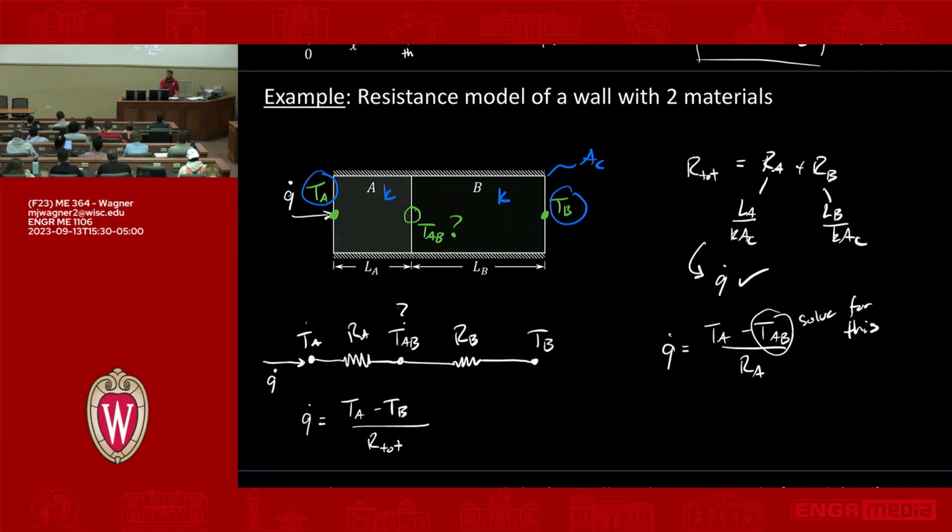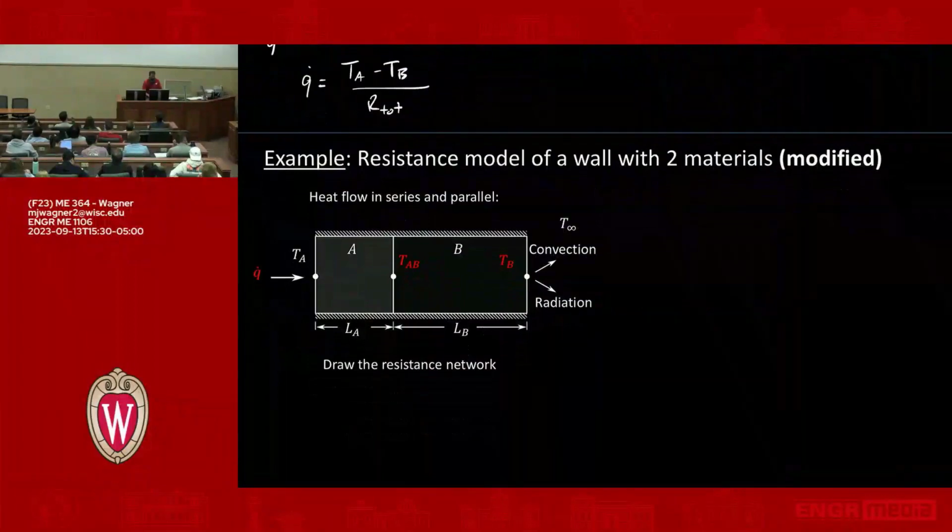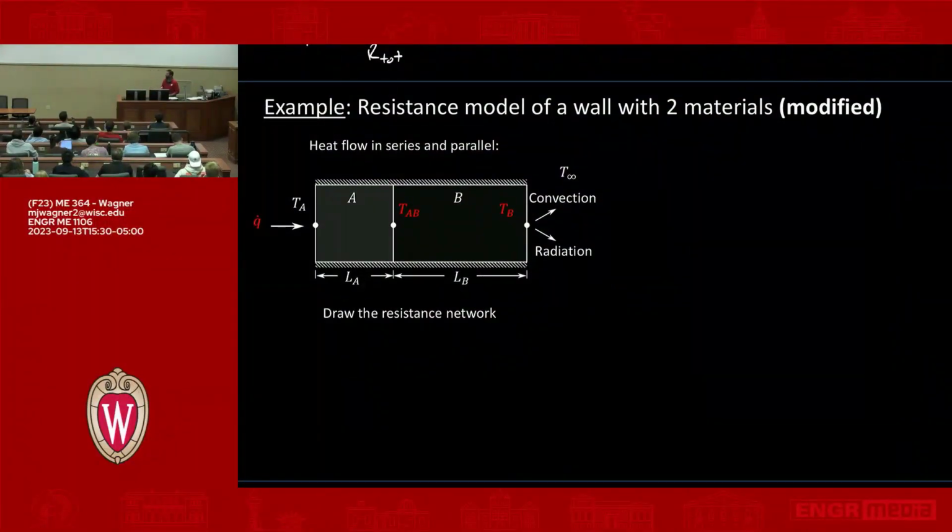Okay. So let's add a little bit more subtlety to this. So we have a really simple setup where we know TA and TB. What happens if you have different conditions? Let me just write it this way. Q dot, TA, TB.